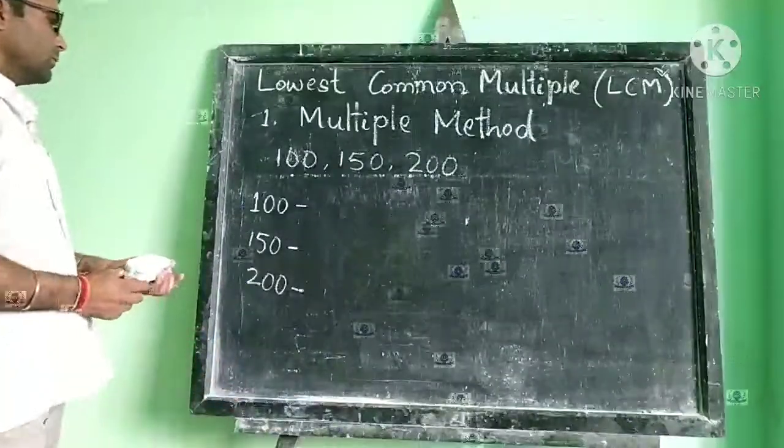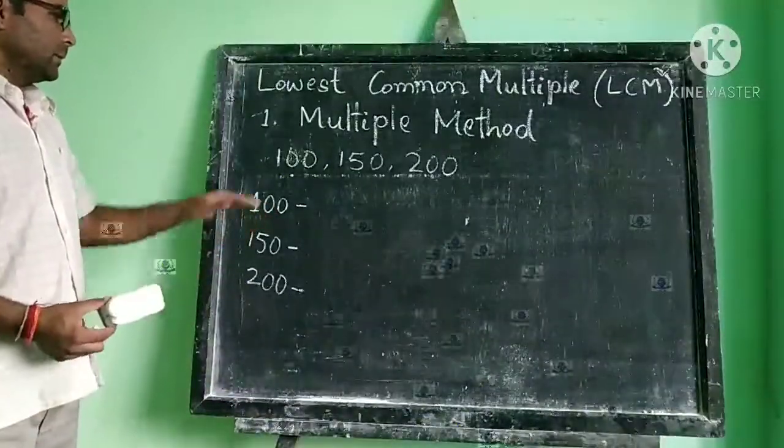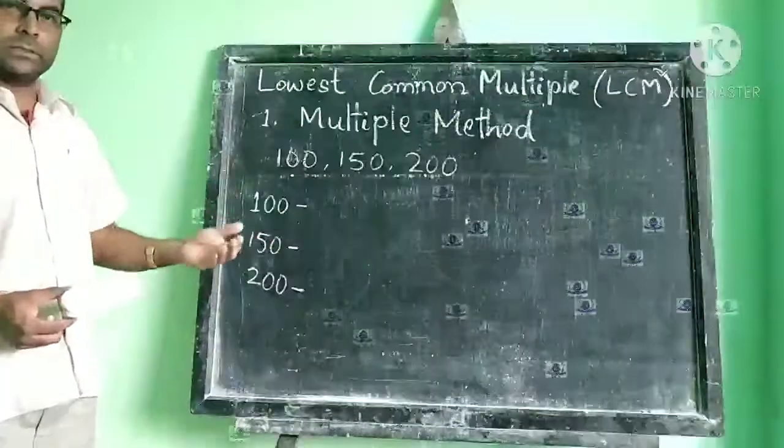First of all we need to find the multiples of 100. Multiples of 100 means 100 ones are 100, 100 twos are 200.